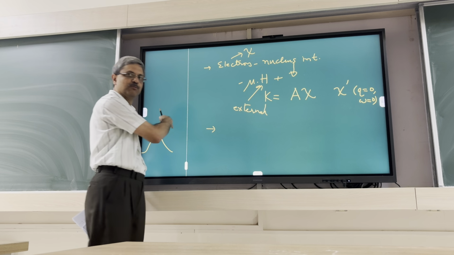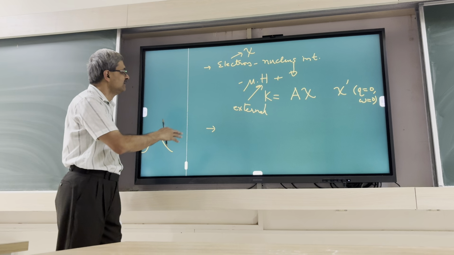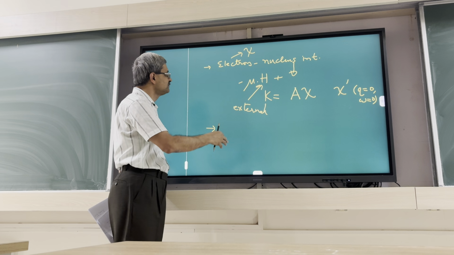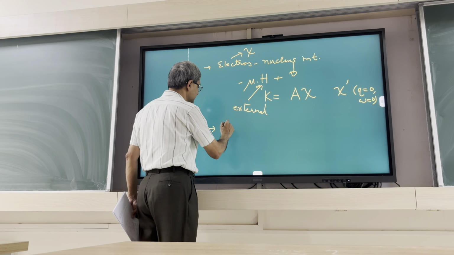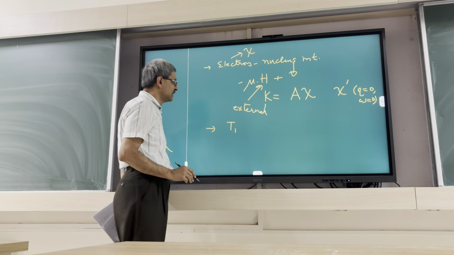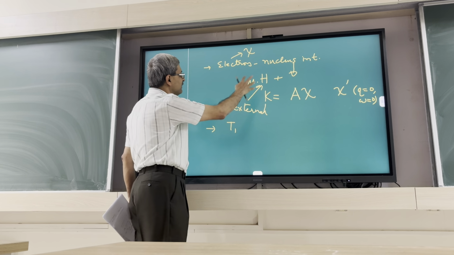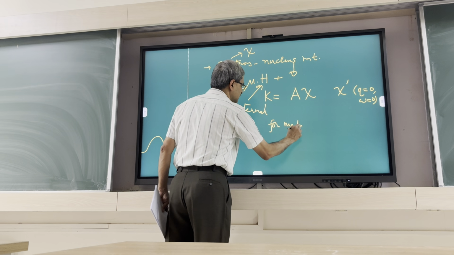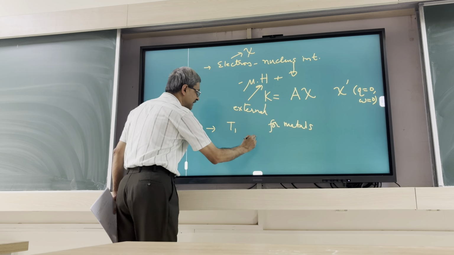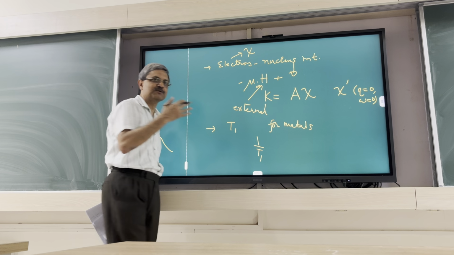Then once we do the Bloch equations, we realize that there is going to be relaxation, and that is parameterized in this T1, the spin-lattice relaxation. So, for example, one outcome is that for metals, one can also calculate from first principles what this 1 over T1 is.